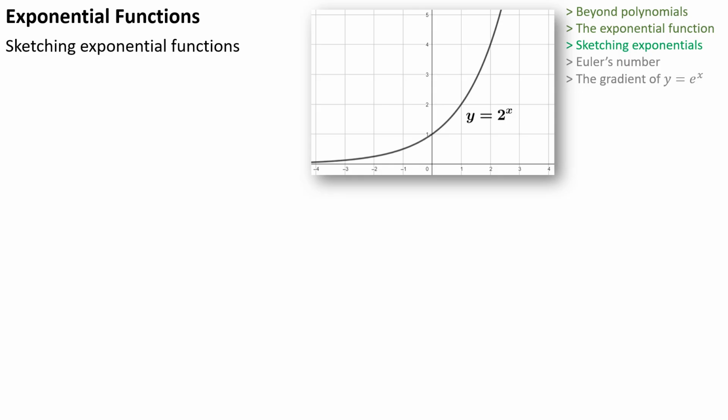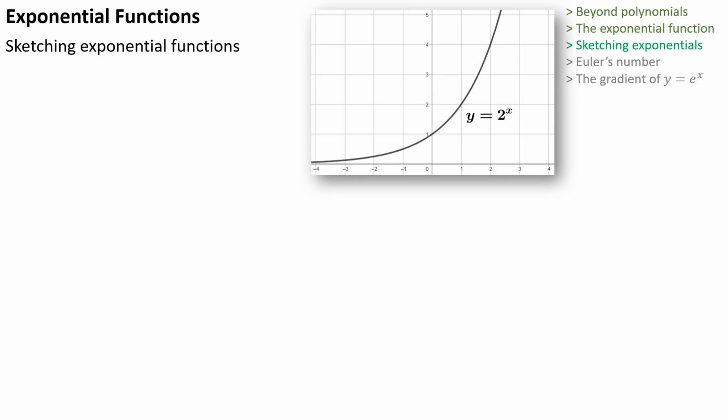They'll all have an asymptote on the x-axis. You can even sketch things like y equals a half to the x or y equals 0.1 to the x simply by reflecting that same shape in the y-axis. So we get something called exponential decay. Instead of getting bigger and bigger, faster and faster, it gets lower and lower, or shrinks more and more slowly, towards 0 as x increases.